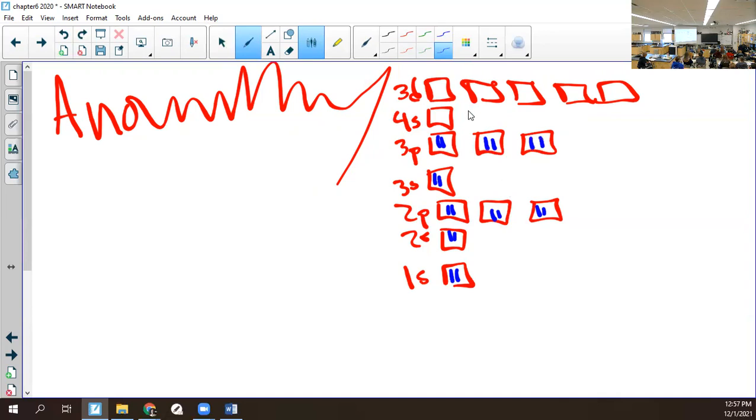The exception says, if I have 1, 2, 3, 4, 5, 6 electrons, they don't pair up this way. One of the s electrons is promoted and put in right there, and then one of them disappears.